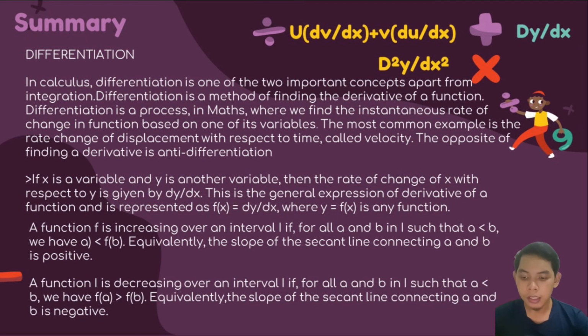A function f is decreasing over an interval I if for all A and B in I such that A is smaller than B, we have f(A) bigger than f(B). Equivalently, the slope of the secant line connecting A and B is negative.